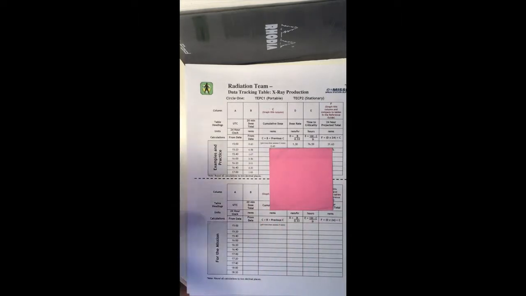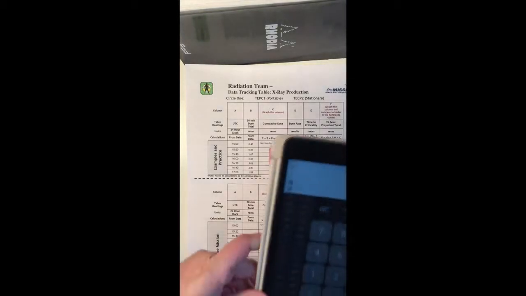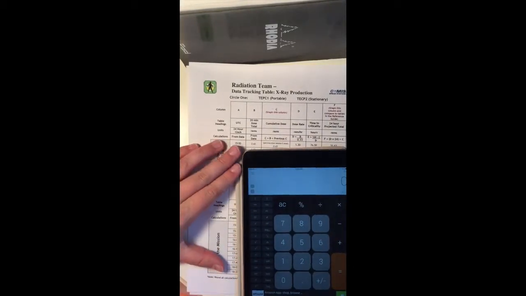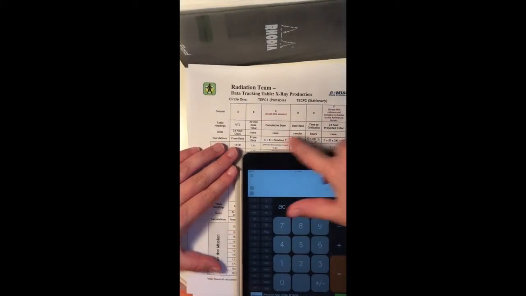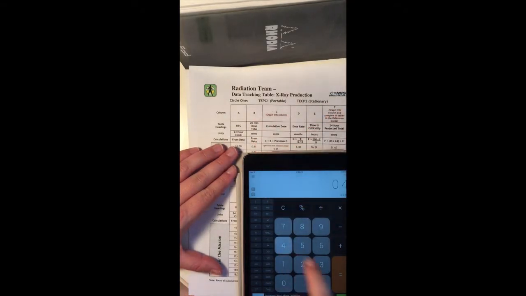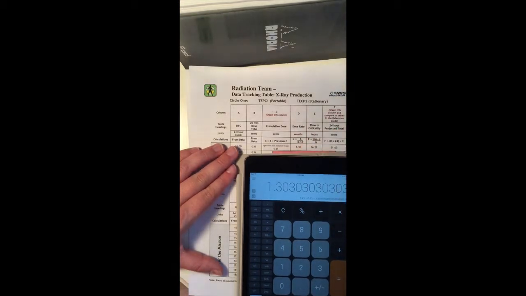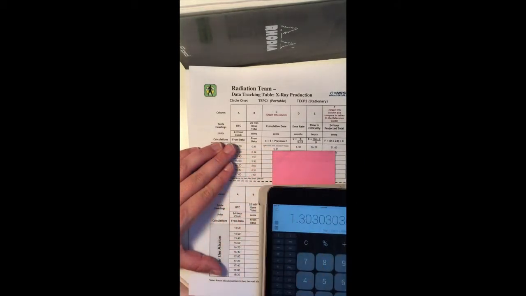I'm just going to use a calculator, definitely grab one out. Column B, which is 0.43, divided by 0.33 equals 1.30. We're going to go to 2 decimal places. So that's where that number comes from.